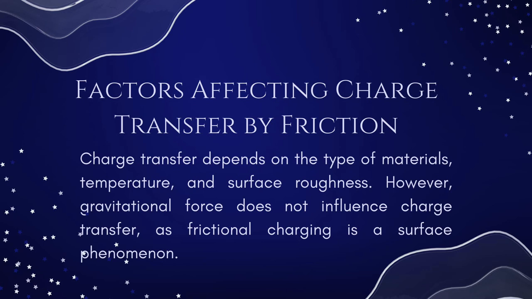With temperature, higher temperatures can increase electron movement, affecting charge transfer. With surface roughness, smoother surfaces tend to transfer less charge than rougher surfaces. However, gravitational forces do not affect charge transfer, as frictional charging is a surface phenomenon independent of weight or mass.